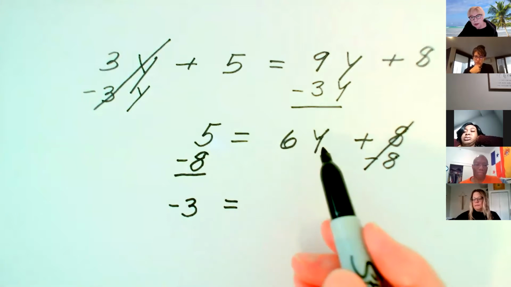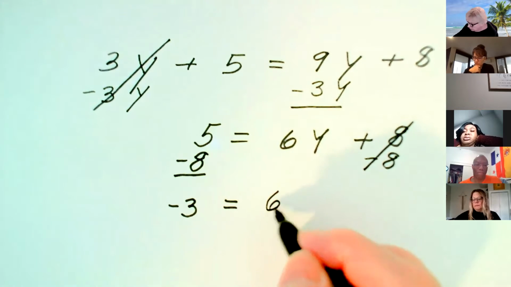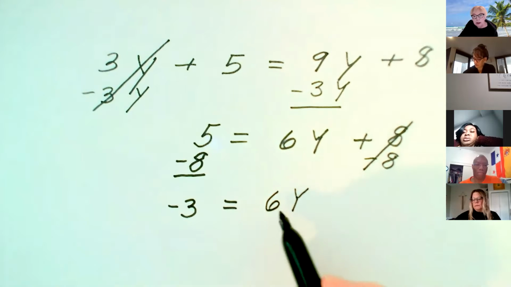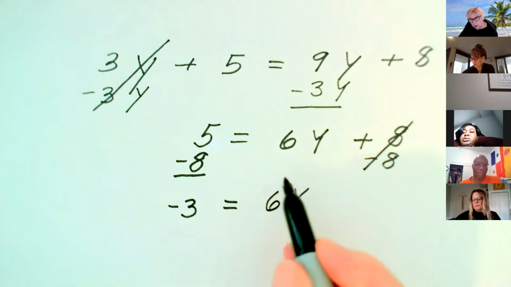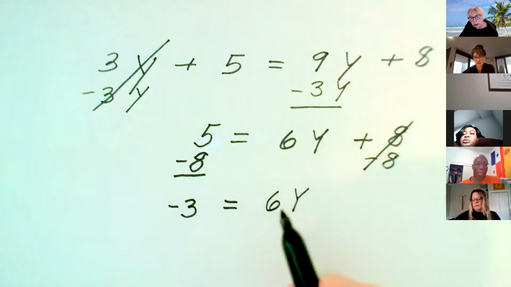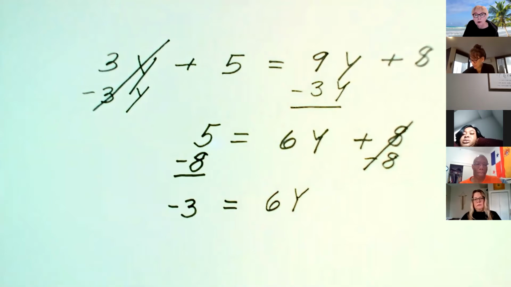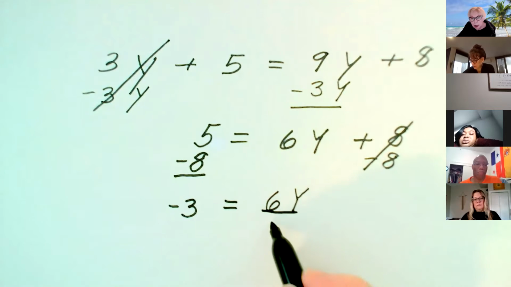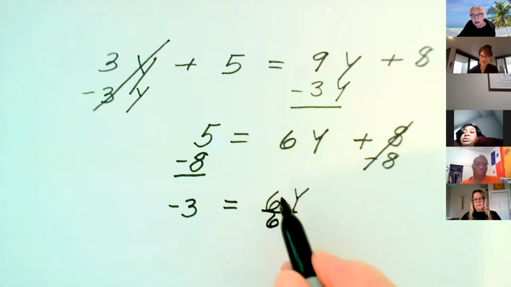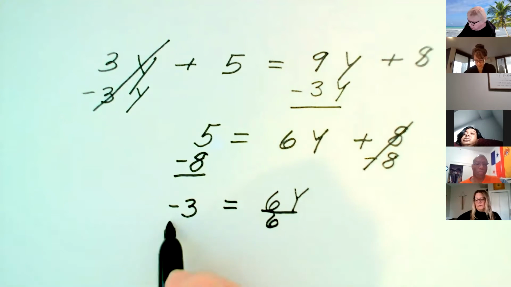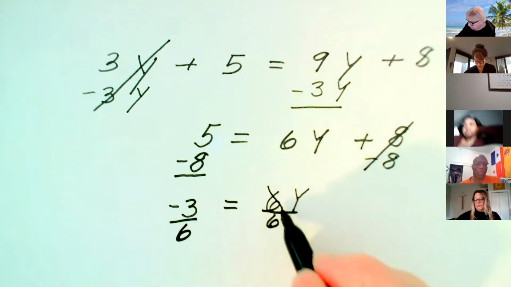And then this is 6y, which is left. This is where the action is. We're trying to get the y alone. The y is multiplied with 6, so therefore what I have to do is the opposite of multiply, which is divide. So I divide this side by 6 and I divide this side by 6.